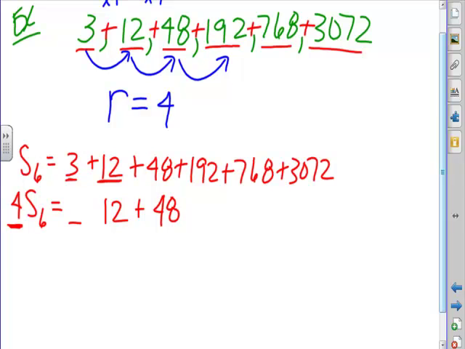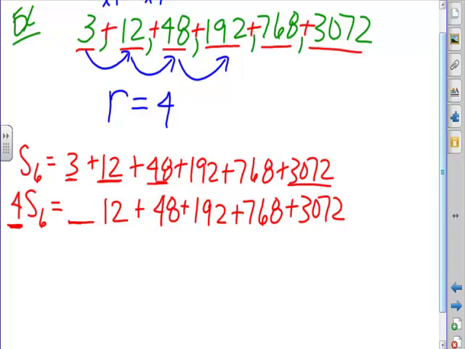And when I take a 4 and multiply it by this 48, I get a 192. I hope you'll believe me that all these numbers are going to deposit themselves over here. But then there is one other number, because I've shifted everything over 1, and so I also need to take 4 times 3072. And that turns out to be 12,288.